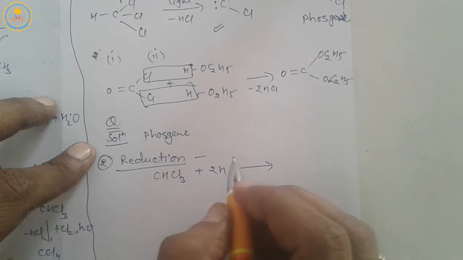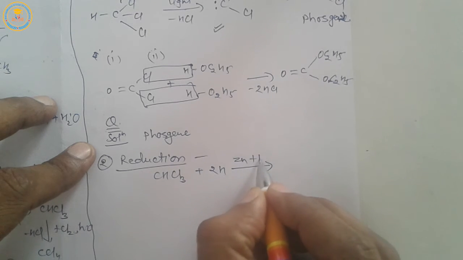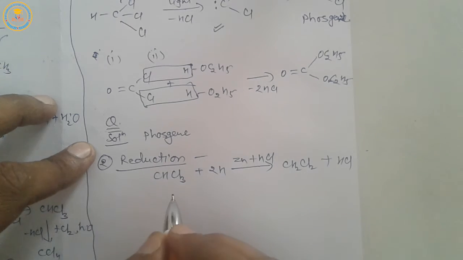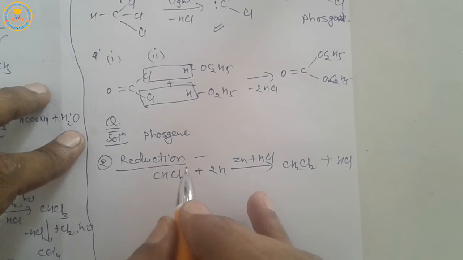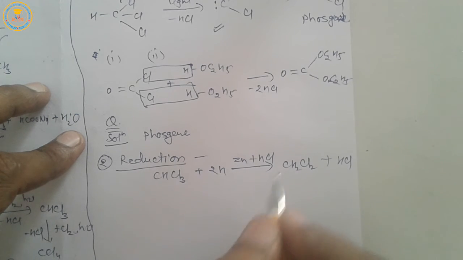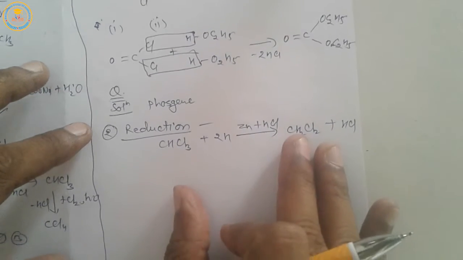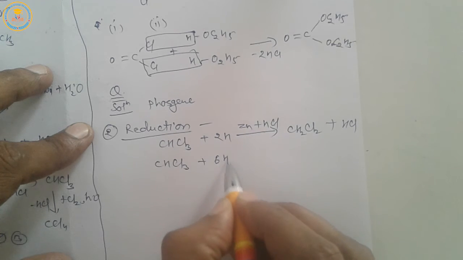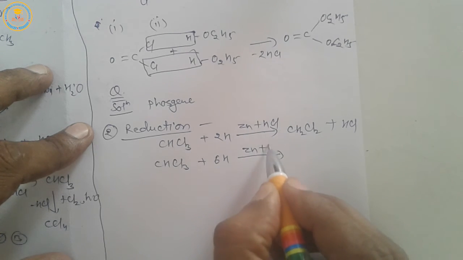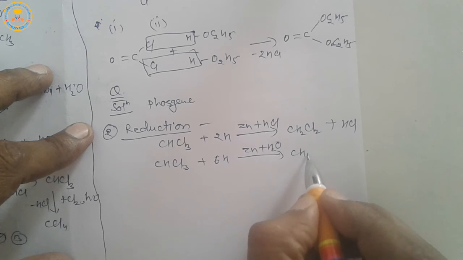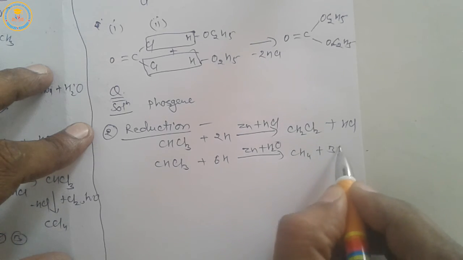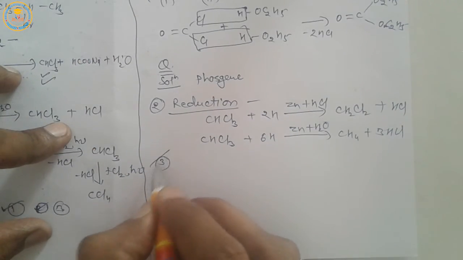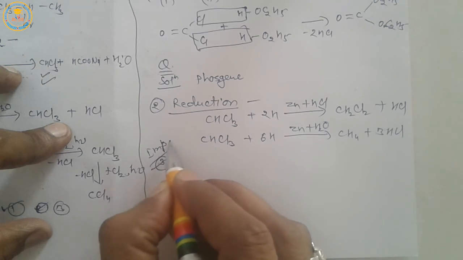After partial reduction in presence of zinc HCl, methylene chloride is formed here. And if the reduction is carried out with zinc plus H2O, then methane is formed. Very important. It is a complete reduction in presence of Zn plus H2O, then methane is formed here after removing of 3 HCl molecules.